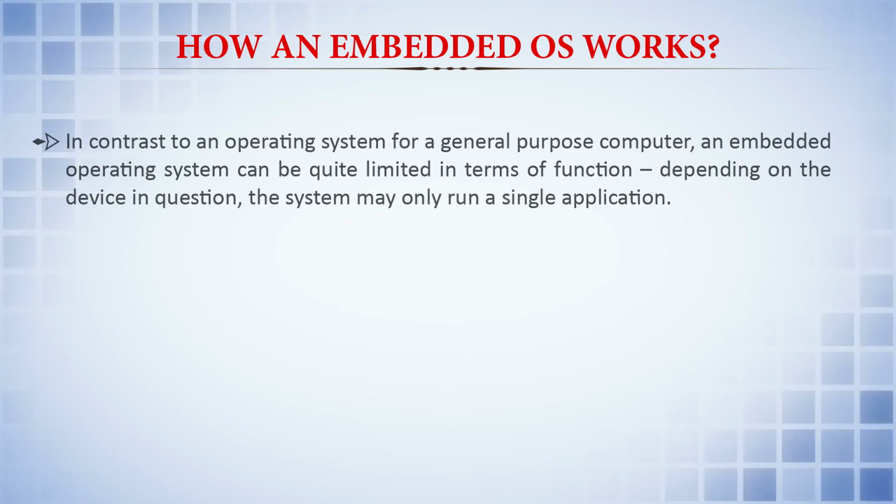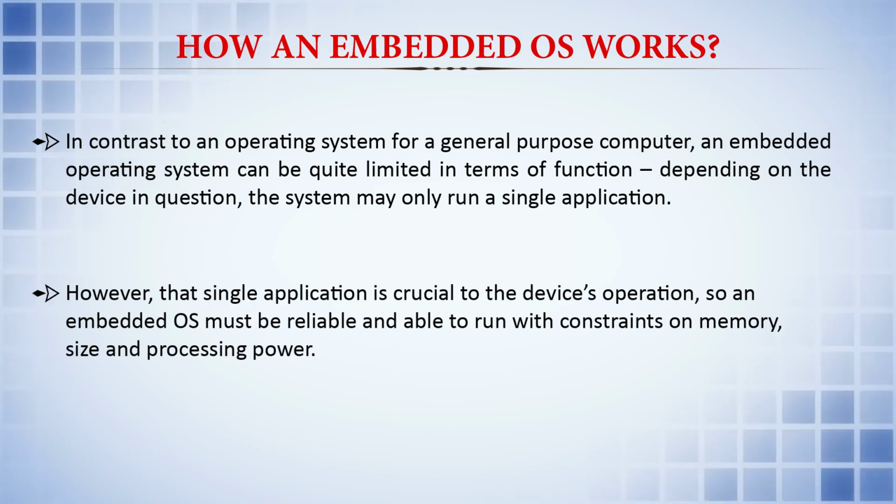But the embedded operating system for embedded systems is just in contrast to an operating system for a general purpose computer. It can be quite limited in terms of functionality, and it will be serving only the simple tasks that it is meant for. However, that single application is crucial to the device's operation.